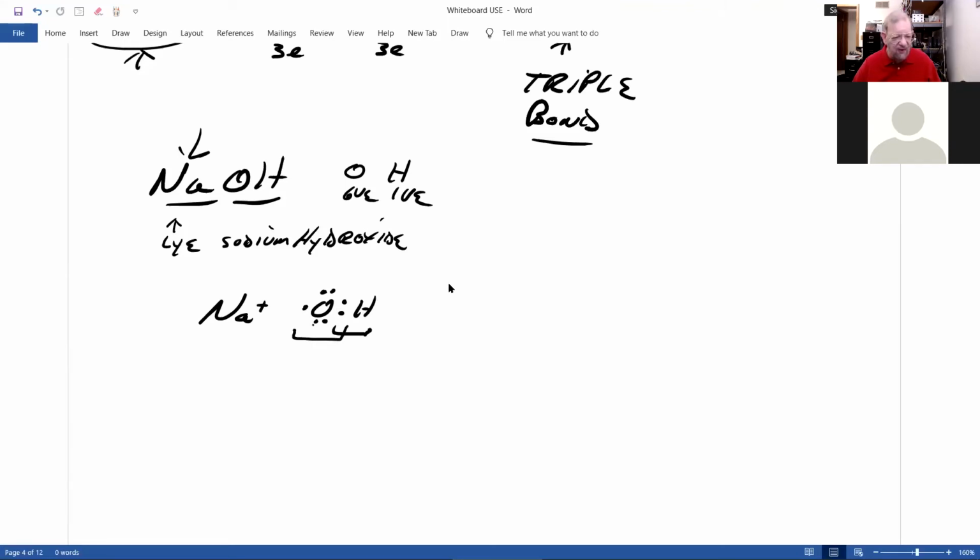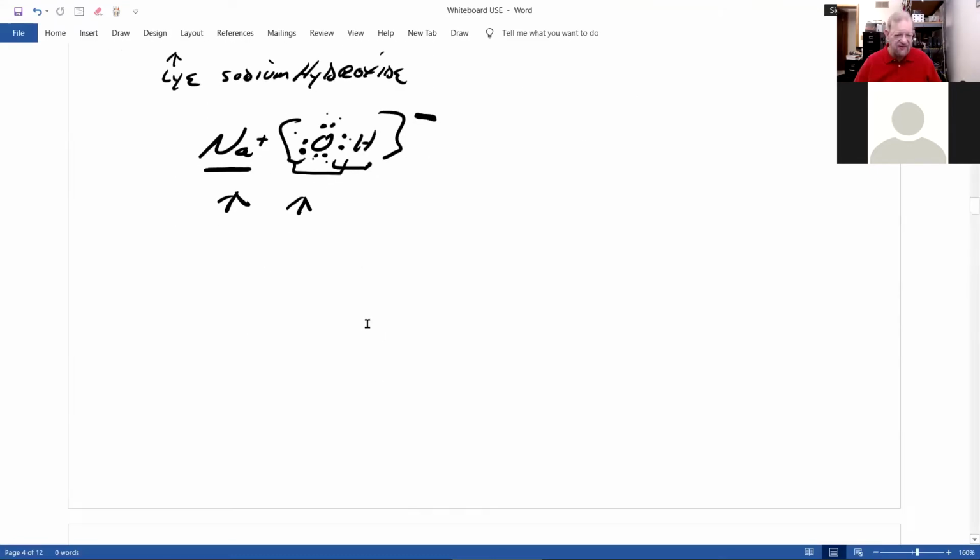Oxygen only has 1, 2, 3, 4, 5, 6, 7. But where did the electron that the sodium had leave to give it a plus charge? It went here. And now the hydroxide has an extra electron and it has a negative charge, and this is how you draw it. Remember, all alkali metals and all alkaline earth metals have a net zero charge.